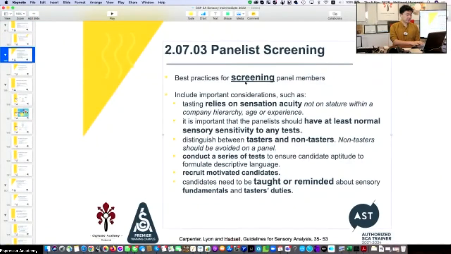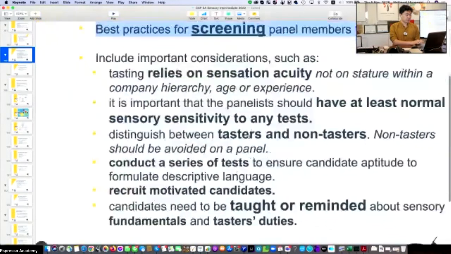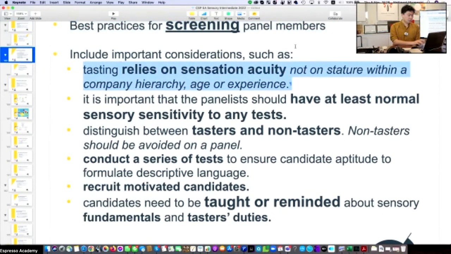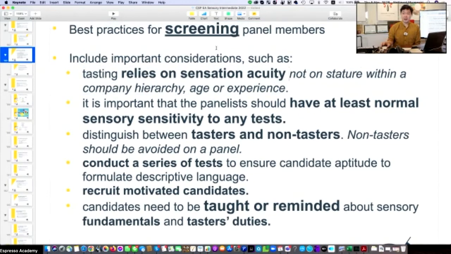So for panels, screening is the best practice. The reason you do a lot of screening early is to find the right people who can work with you. Rely on sensitivity. People who join your panel should not be chosen based on their status. Oh, because he is some guru in the coffee business, he should join the panel? No, we don't want that.